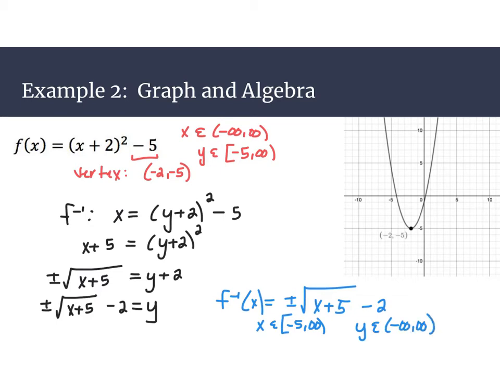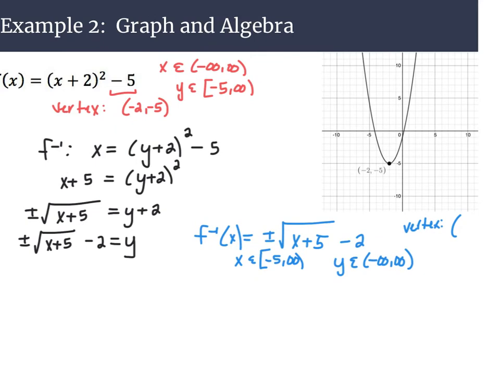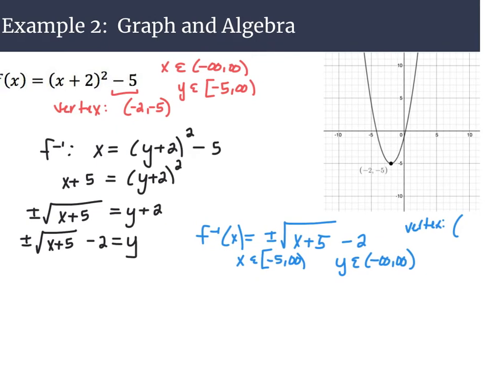The location of that vertex at -2, -5 is now going to be the location of the vertex of my inverse, which is going to be -5, -2. Now I could grab some points from that parabola and switch their coordinates.